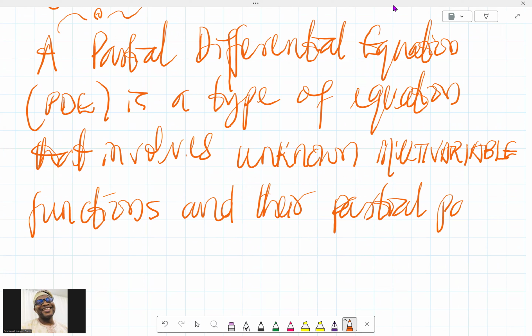So many variables or partial derivatives in the sense that at any point in time you can talk about the derivative of one or more of the variables and their partial derivatives.